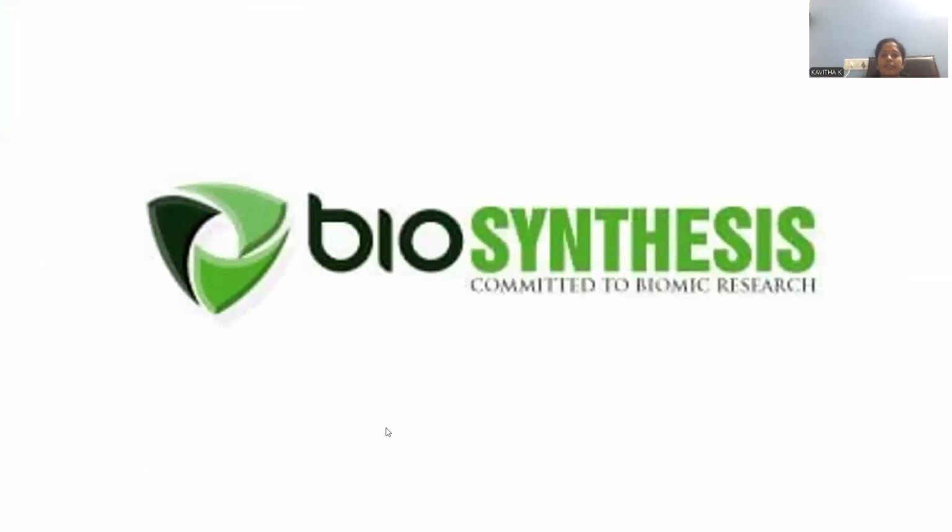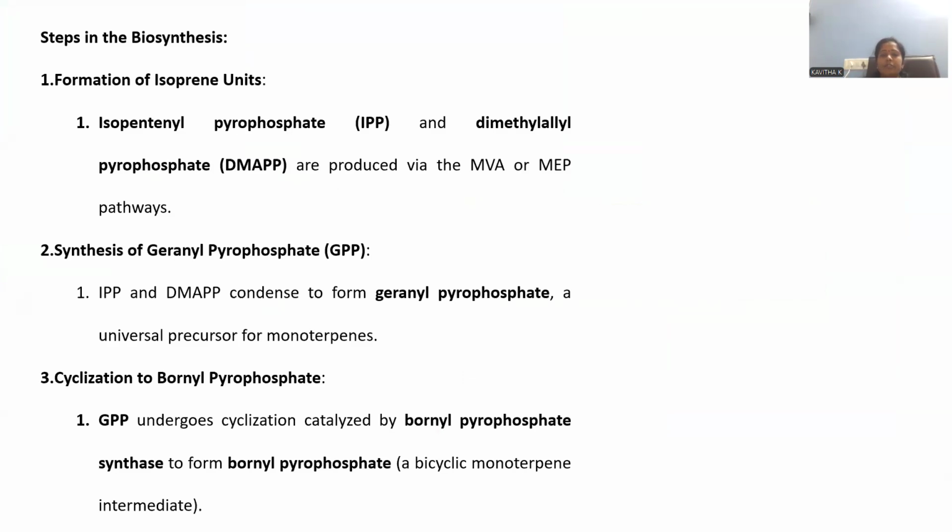Now we are discussing the detailed biosynthesis of camphor. The steps involved in the biosynthesis are going to be discussed here. Formation of the isoprene unit. Isopentenyl pyrophosphate (IPP) is the precursor for this, and dimethylallyl pyrophosphate (DMAPP) are produced via the mevalonic acid pathway or else the MEP pathway.